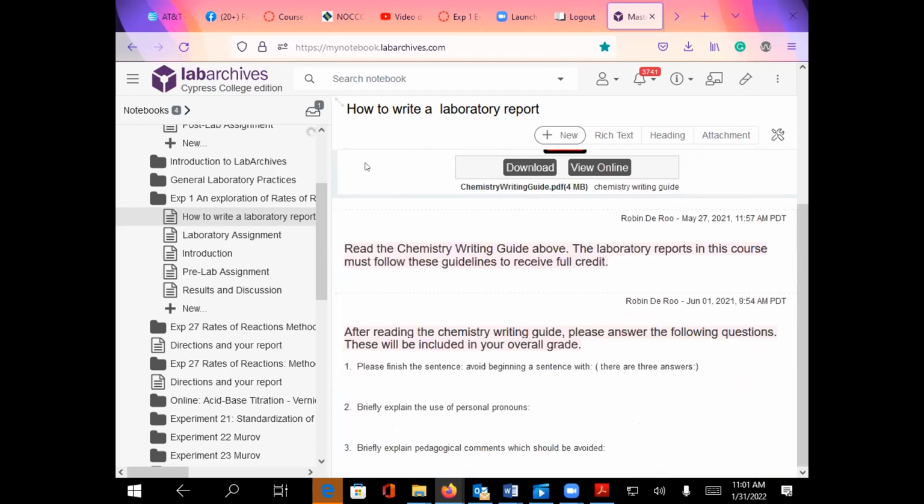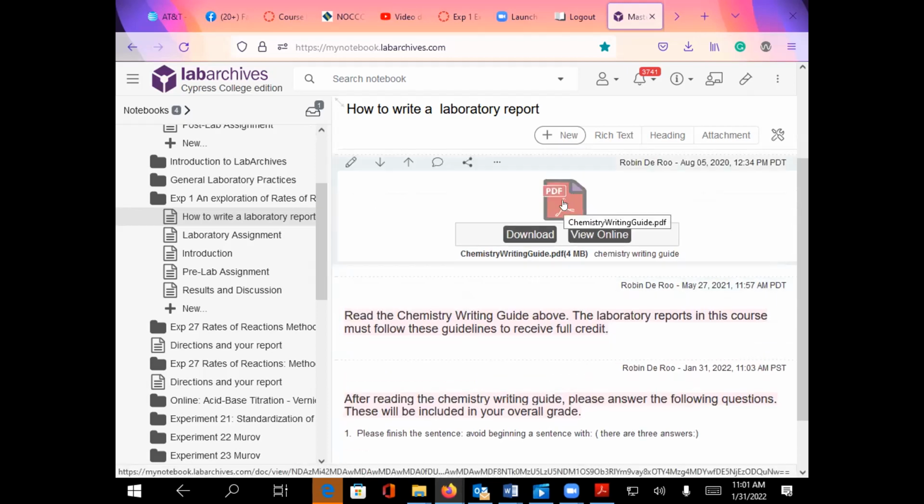When you save the page, it's going to save what you wrote. Please take the time to go through this, because later on you want to keep all your points, by following how to write formal laboratory reports.